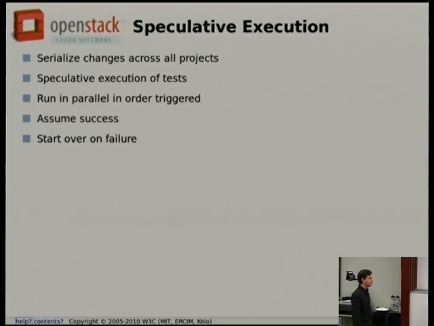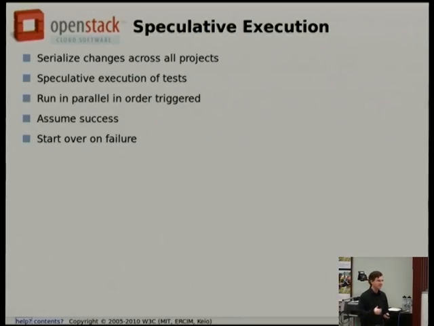So we sort of took a page from Pentium processor design, right, and looked into speculative execution, where we could say, well, let's test this. We'll test the first change, and then we'll start testing the change after that, with the assumption that the first change is going to pass all of its tests. And you can keep doing that, and you can keep stacking the changes one on top of the other.